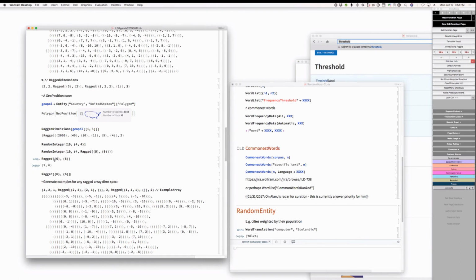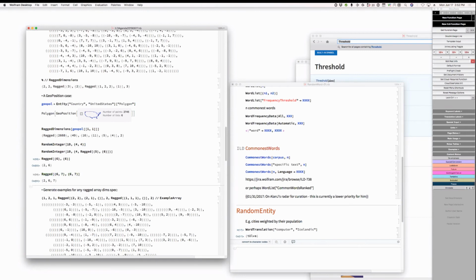Yeah, try 6, 7, 6, 7. No, two matrices. It would be a ragged list. Oh, sure. Yeah. That would become 2, 6, 7, 6, 7. Yeah, it's a list of 2 elements. Each one is a matrix 6, 7.